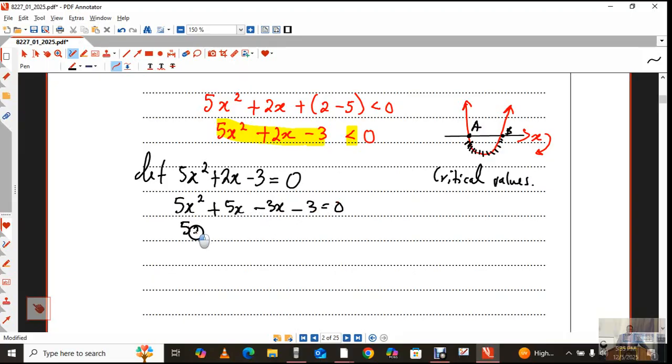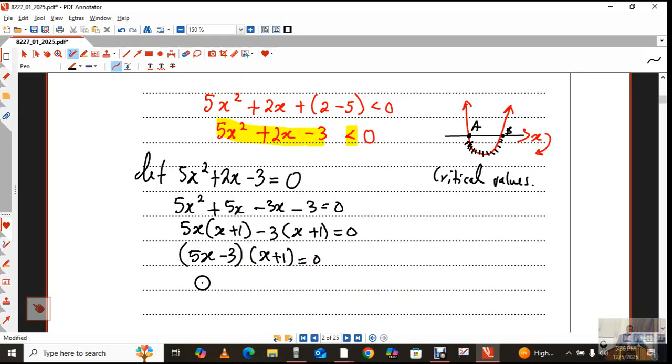So at the end of the day, I have 5x outside of x plus 1. I have -3, I have x plus 1 equals 0. So from here you have 5x minus 3 in brackets, as well as the common factor of x plus 1 in the other bracket.